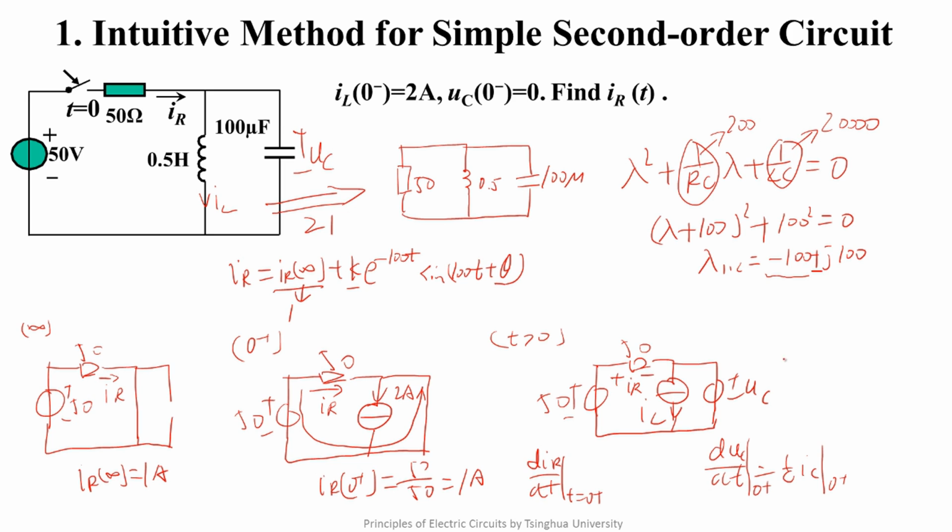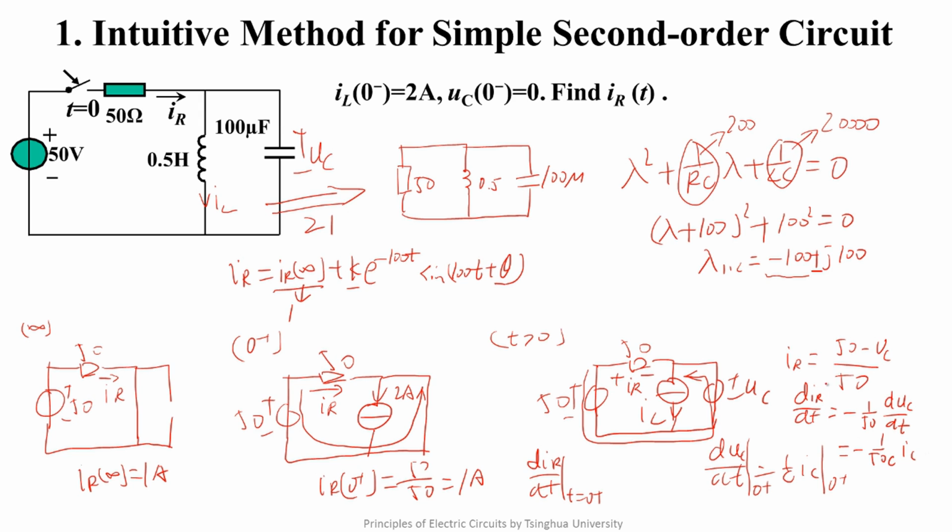In such a circuit, we can write that IR equals (50 minus uC) over 50, because we use KVL here with Ohm's law. So we can find its derivative, that is dIR/dt equals minus 1 over 50 times duC/dt. So it is equal to minus 1 over 50 iC.